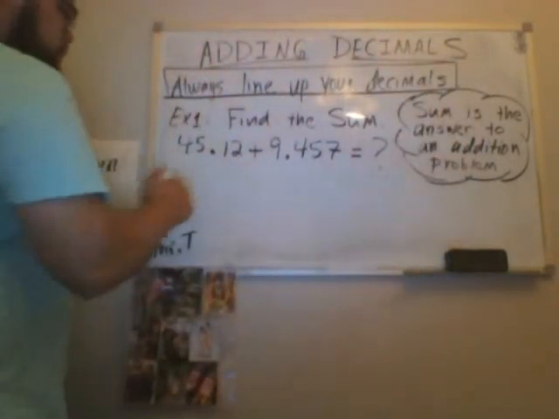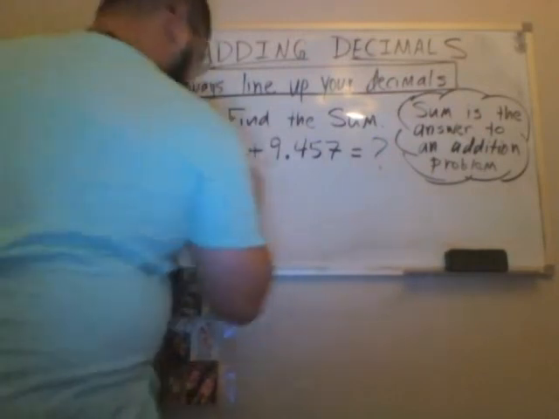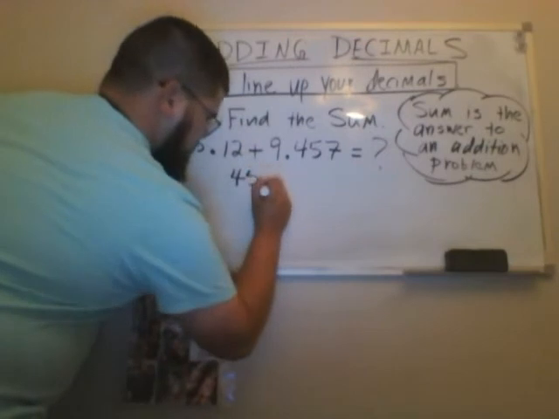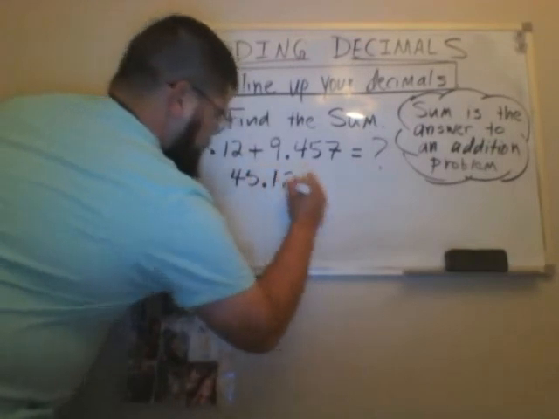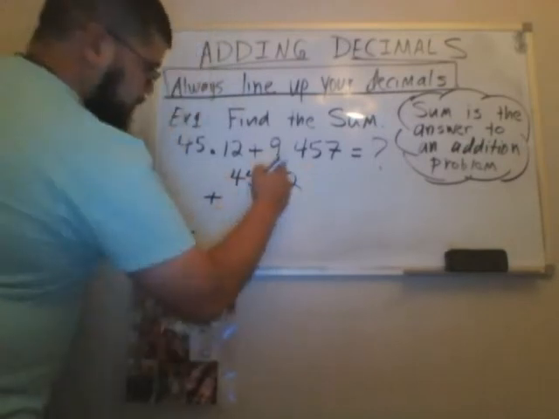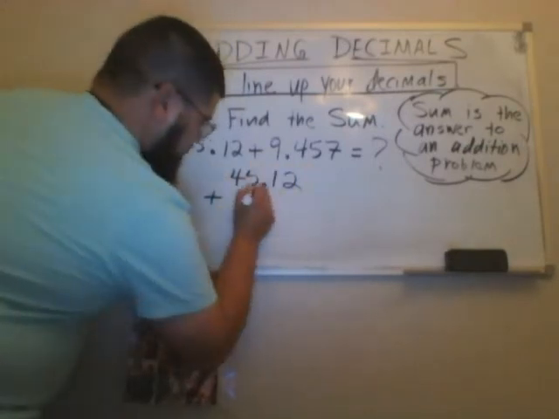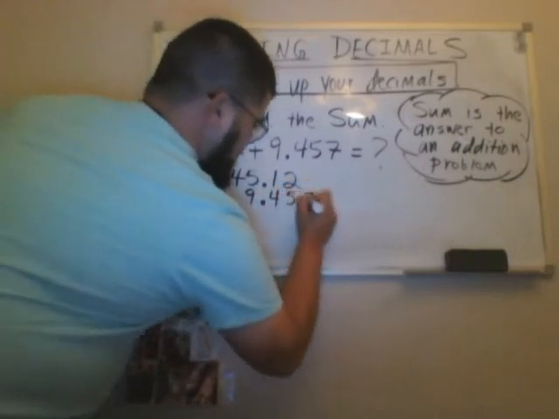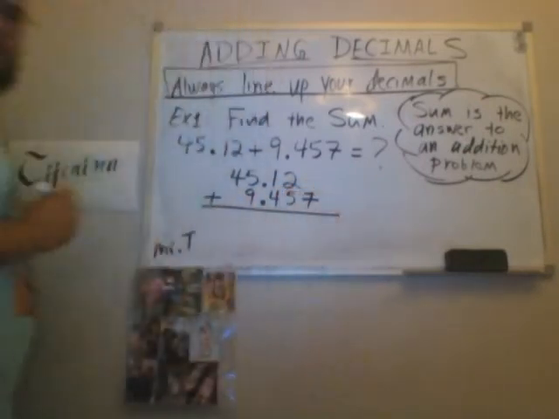So here we go. We're going to line up our decimals. We're going to write this one first, just because it comes first. 45.12 plus, and we've got to line up that decimal right here. The decimal is going to be right here. That means the 9 is right here, and the 457 is right there. Okay.